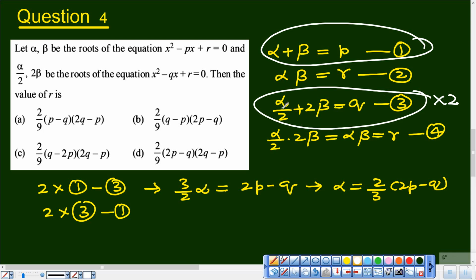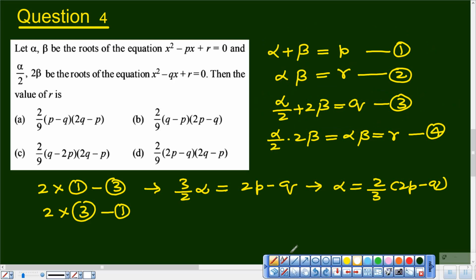Alpha minus alpha will get neutralized, whereas this will be 4 beta minus beta, that would be 3 beta. So we'll get 3 beta equal to 2q minus p, which implies that beta is equal to 1 by 3 (2q minus p).